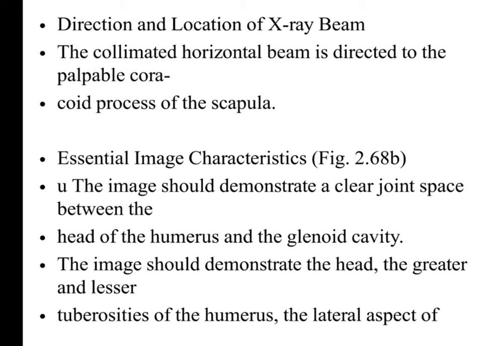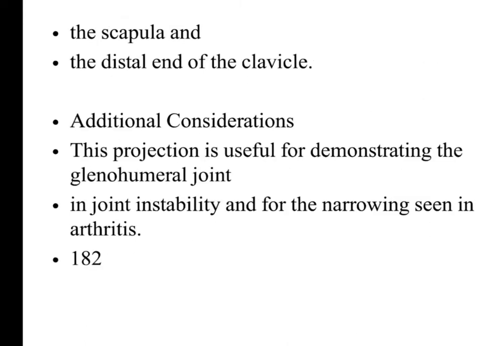Essential image characters. The image should demonstrate a clear joint space between the head of the humerus and the glenoid cavity. The image should demonstrate the head, the greater and lesser tuberosities of the humerus, the lateral aspect of the scapula, and the distal end of the clavicle.